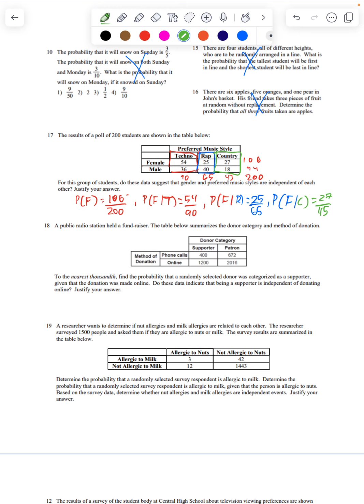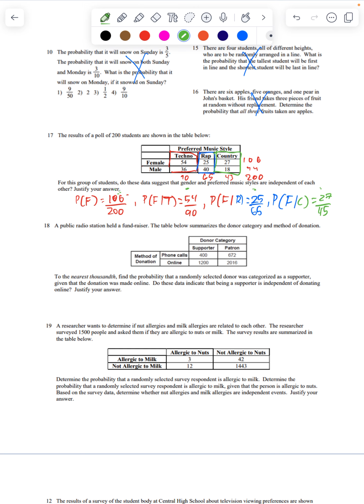So let's take a look at these. The probability of being female is basically a little over 50%, so 106 over 200. We can clearly see from all these examples here, if you take their decimal amounts, that being female and liking something is not going to be the same as being female.